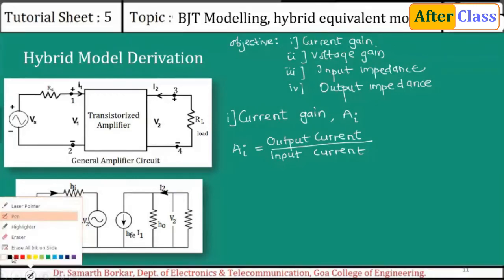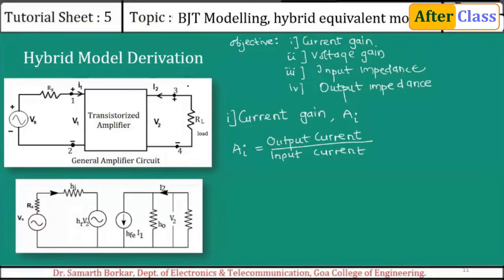Let me write. If it's passing through the load resistor, let us call it the load current IL. This is RL. Always show the arrow, otherwise it looks like a short circuit. I2 is the current going into the circuit, and so on. Okay, we'll just finish this quickly.